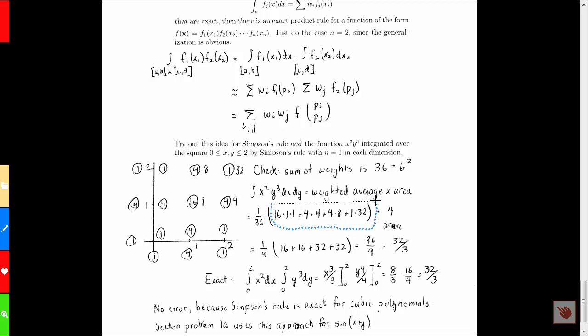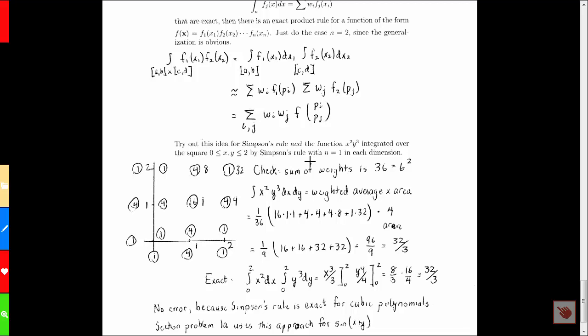Right smack in the middle, with a weight of 16 and x and y both equal to 1, we get 16 times the function value of 1. If we move to x equals 2, the weight is 4, and x squared is 4 in that case. If we move up here, where y equals 2, the weight is again 4, but the function value is 2 cubed, which is 8. And finally, up here, x and y are both equal to 2, so we get 32.